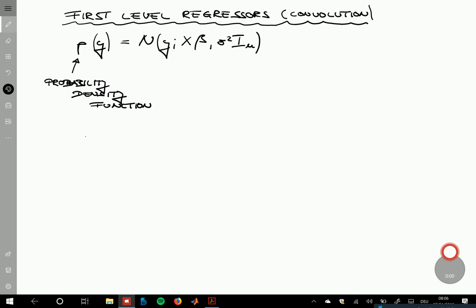Well, the Y is in the domain of the probability density function. That is definitely correct. But what does it model in terms of fMRI? What is the Y when we talk about fMRI?